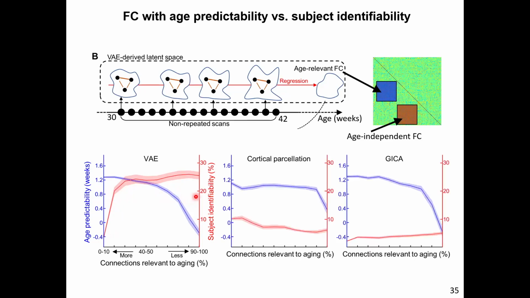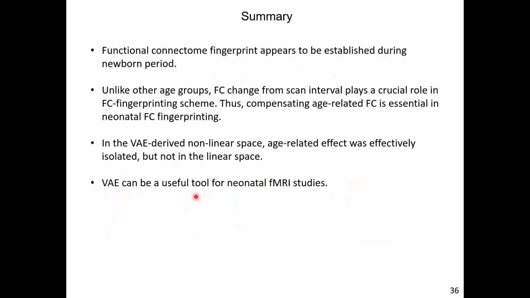Again, this was not the case for cortical parcellation and ICA. This suggests that the VA model somehow separated the age-relevant components from the features of individual uniqueness in the latent space. But it was not the case for the cortical parcellation or GICA.